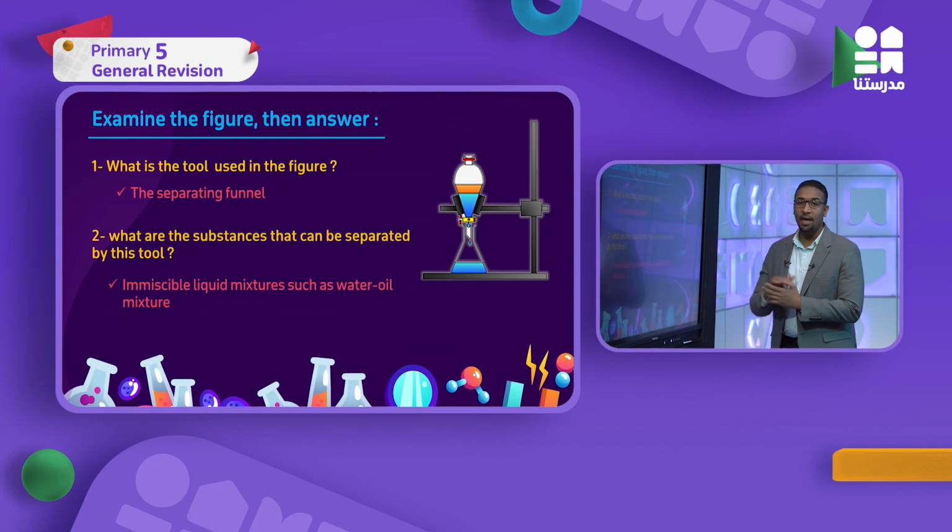Immiscible, they are not mixed together like oil and water. So if the mixture is vinegar and water, we cannot use this tool. Why? Because vinegar and water mix together, بيمتزجوا ببعض فما نقدرش نفصلهم بseparating funnel. So let's continue.